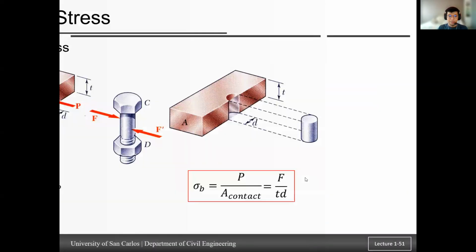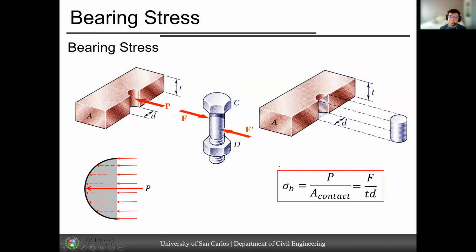To break it into simpler terms, the bearing stress is the failure between the contact of two areas, but the failure is not coming from one material but from the other material. So that's why your area is the area of contact here. Its failure is on the other area, not on the bolt.